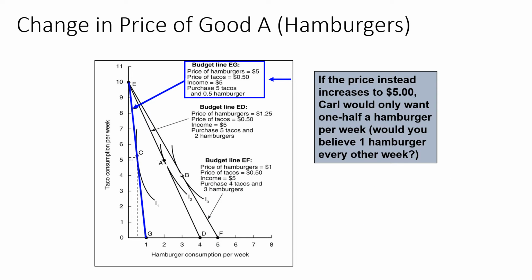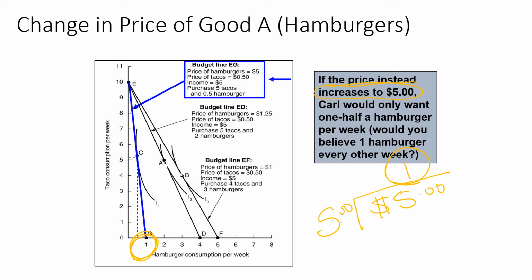In this third example, our price continues to change, but this time our hamburger price increased to $5. So if there's one hamburger for $5 and we only have $5, we can only buy one hamburger.